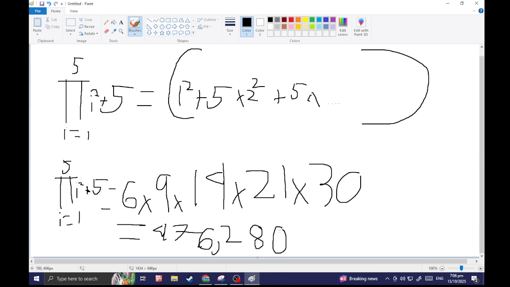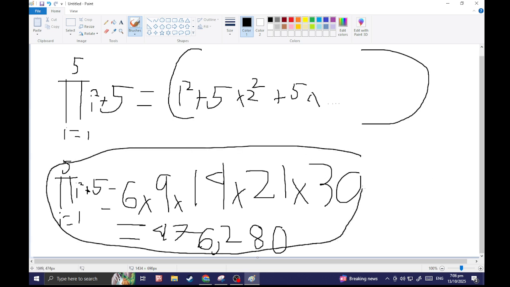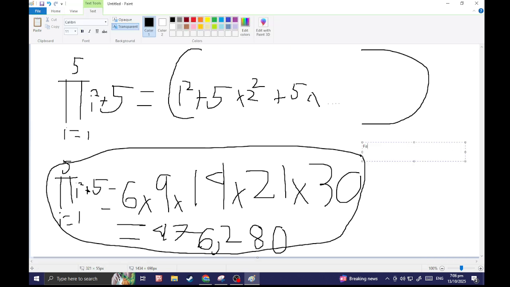So yes, this is practically a factorial.